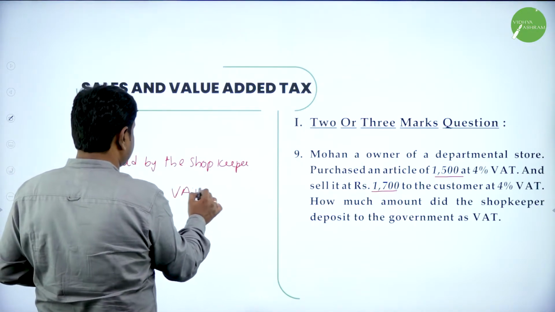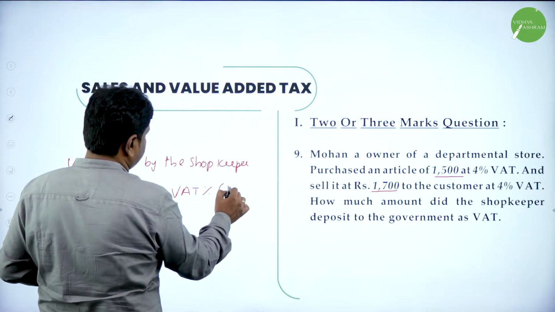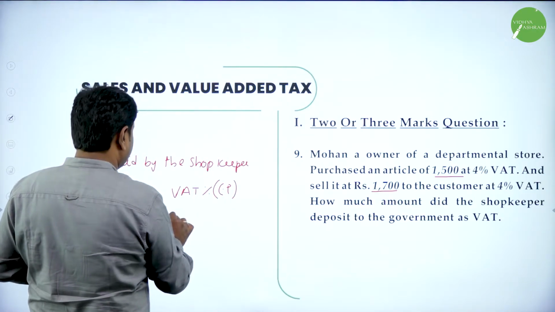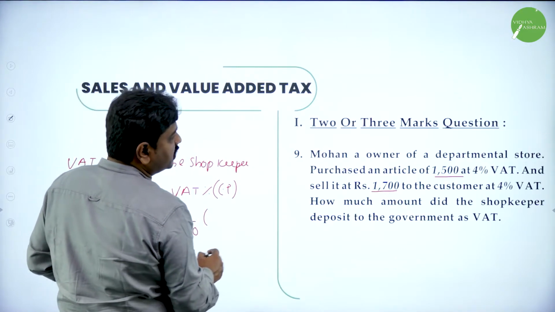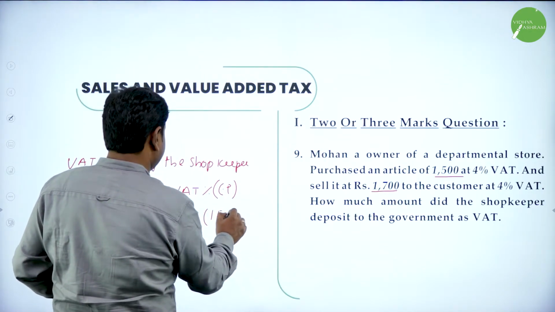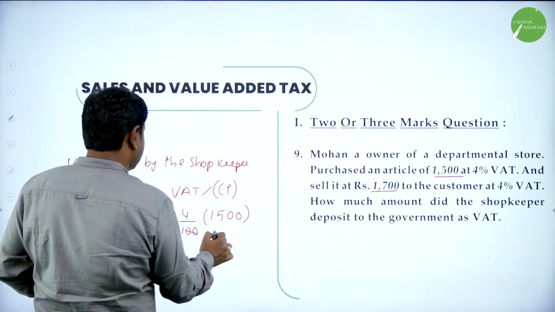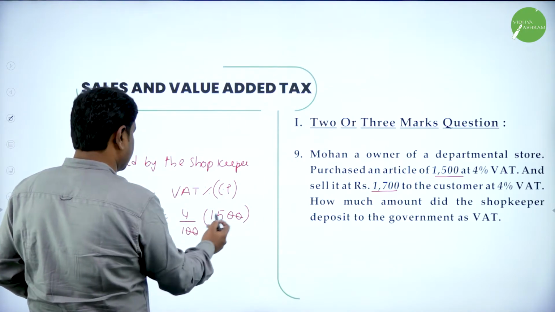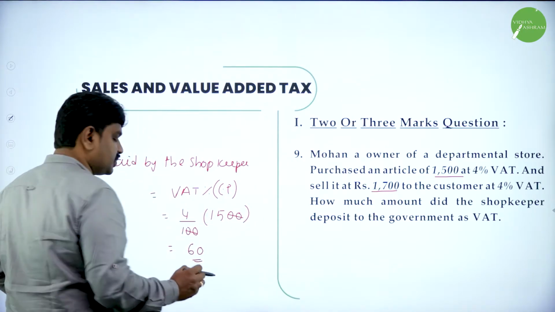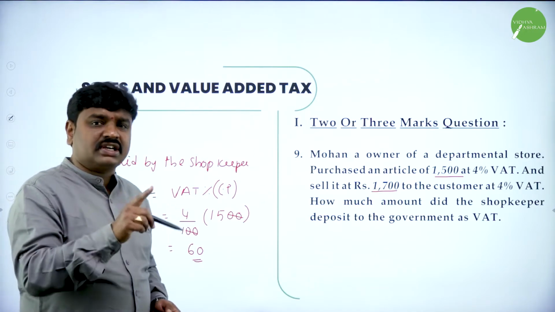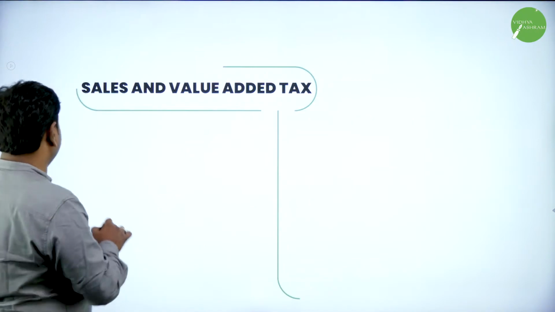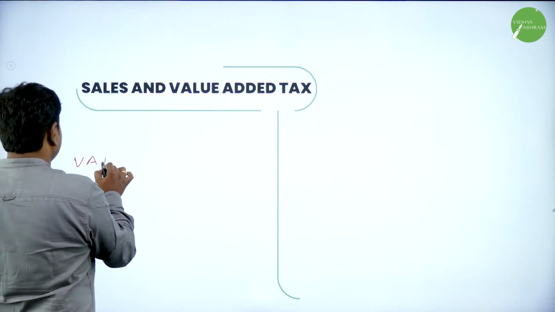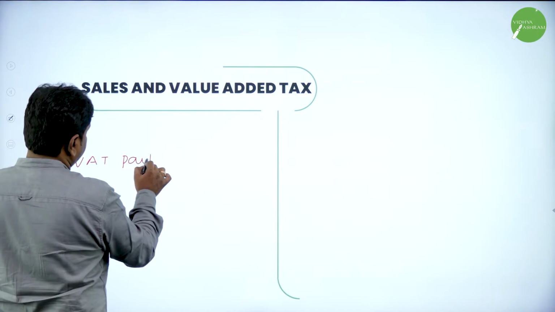VAT percent of cost price. They told 4%, 4 by 100 of cost price. What is the cost price? He purchased for 1500. Simplify this, 2 zeros cancels, multiply, 60 rupees. So shopkeeper paid VAT initially at 60 rupees. Then VAT paid by the customer.